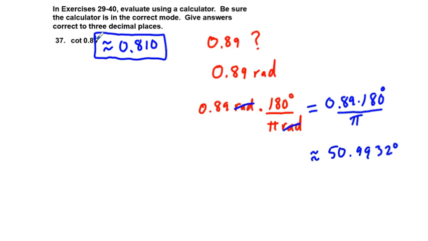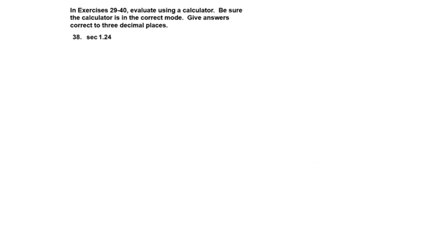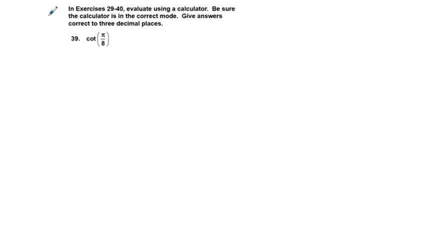The last problem we're looking at in this set is 39. And we have, for this one, the cotangent of pi over 8. So we're going to convert pi over 8 radians into degrees by multiplying by 180 degrees over pi radians. And pi radians over pi radians cancel.